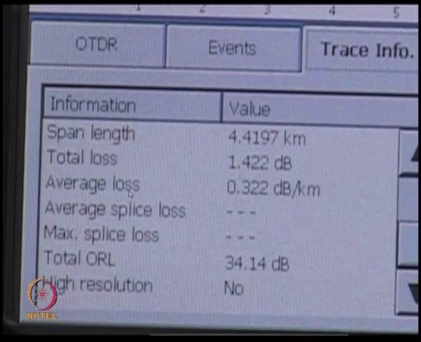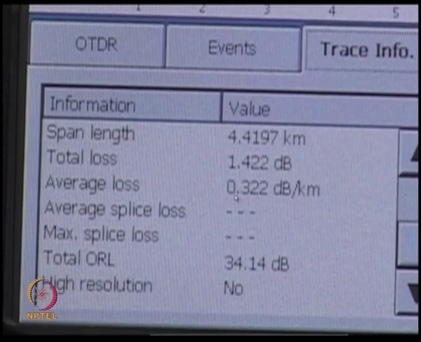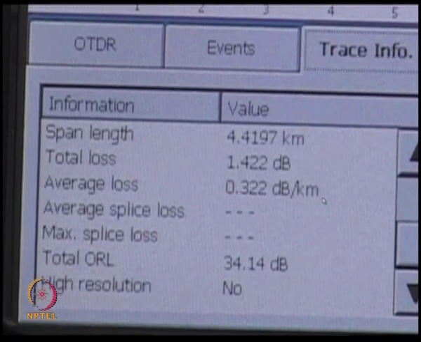So that gives you the attenuation constant of the optical fiber. It is 0.322 dB per kilometer.